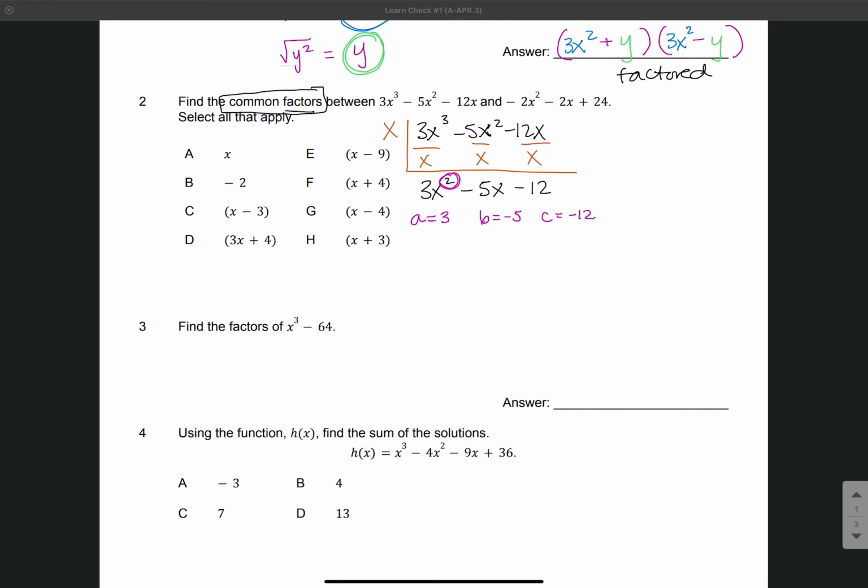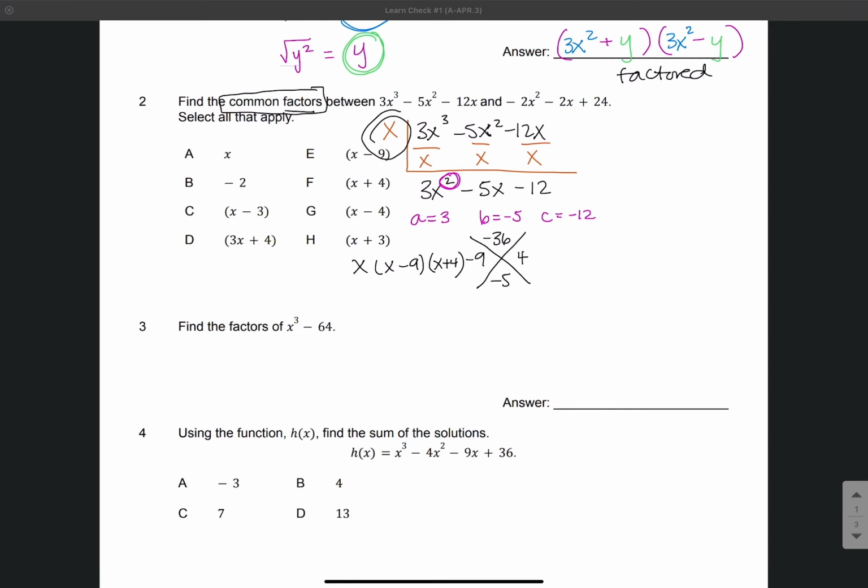So I'm going to do our x. So that's going to be negative 36 and negative 5. The side numbers should be negative 9 and 4. Remember that you're going to set up your parentheses. So x minus 9 and x plus 4. Don't forget about your GCF. So x will go in front.